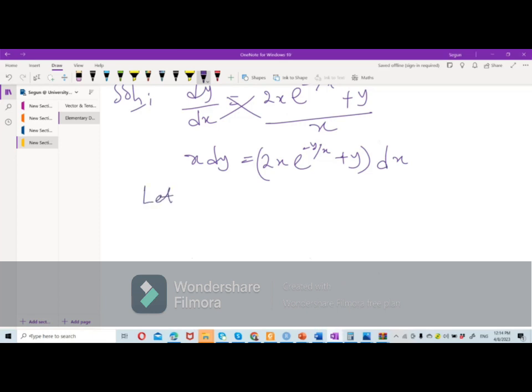Let y equals vx, and dy will be equal to x dv plus v dx.